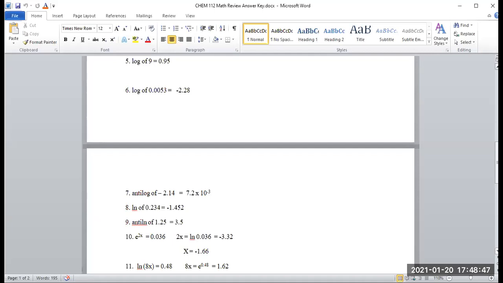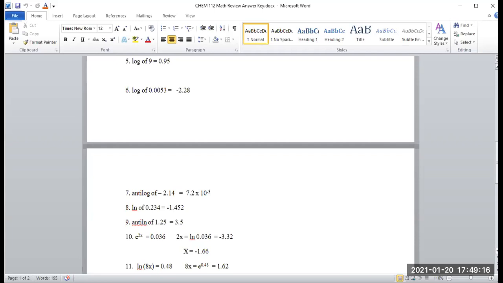Anti-log. Now, depending upon what model and what brand of calculator you have, sometimes you are using the shift key, sometimes you are using the inverse key. It probably depends a little bit on your version of the calculator. So on mine, I would hit shift log negative 2.1 equals, and it would give me 7.2 times 10 to the negative 3rd.